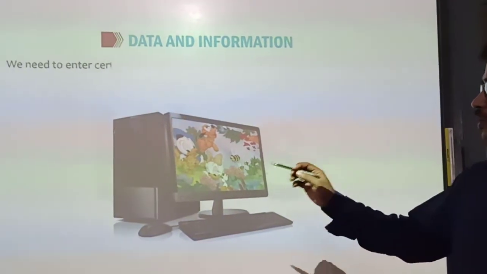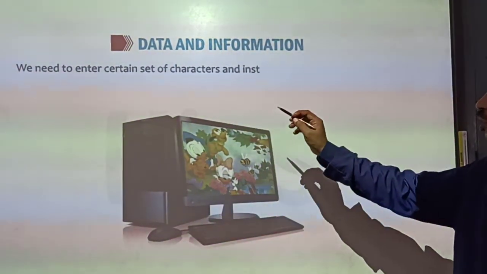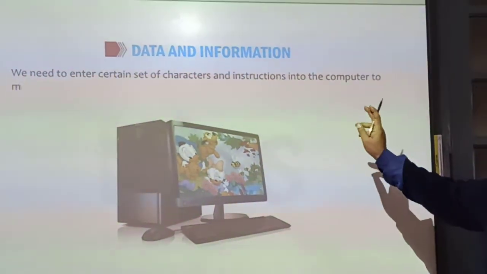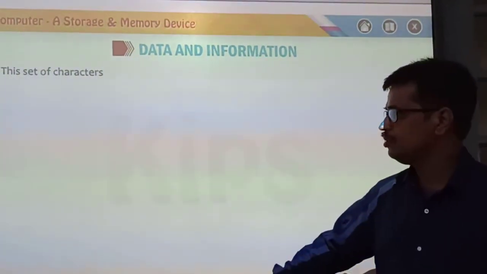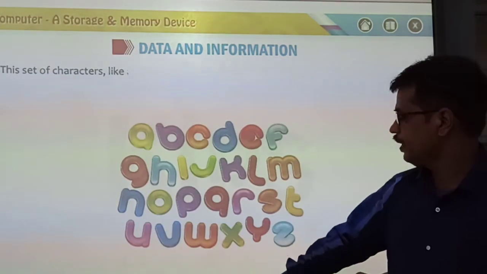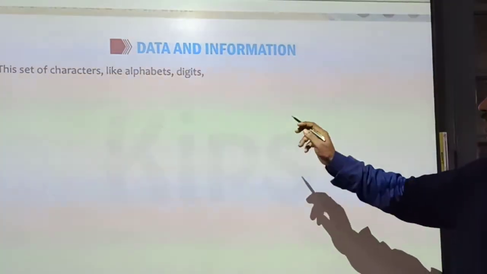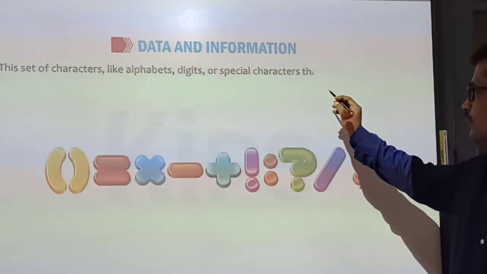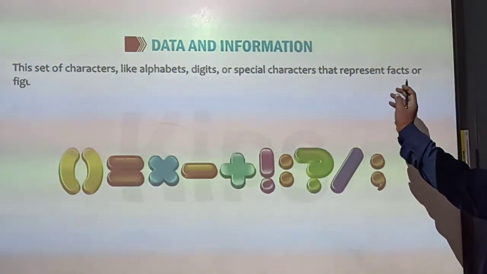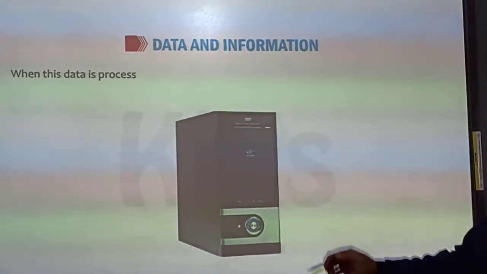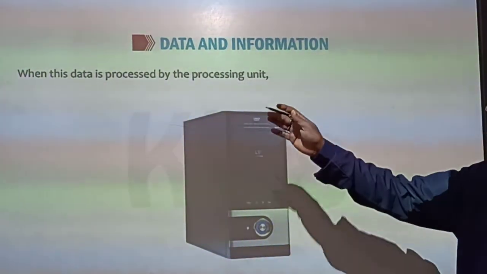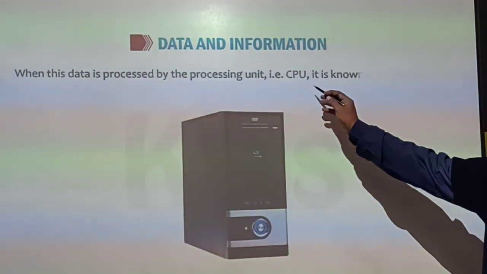Now we need to enter a certain set of characters and instructions into the computer to make it work, because the computer cannot work on its own. This set of characters like alphabets, digits or special characters that represent facts or figures is known as data. When this data is processed by the processing unit, that is the CPU, it is known as information.